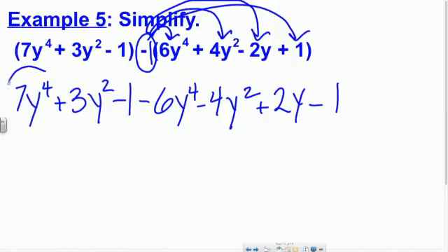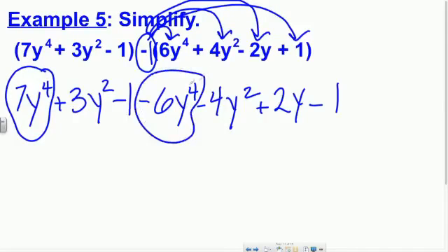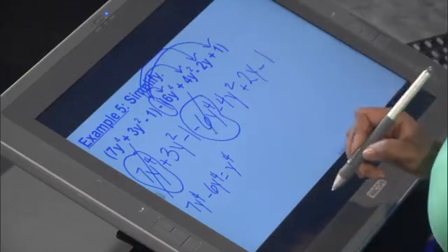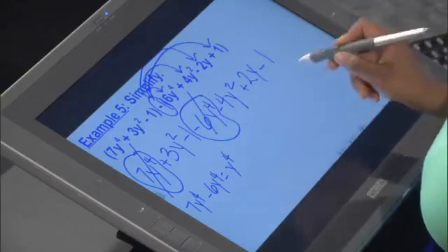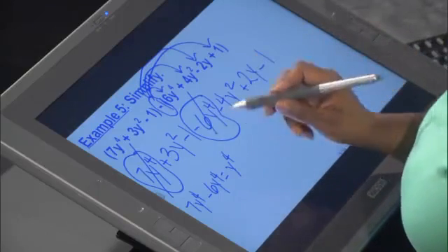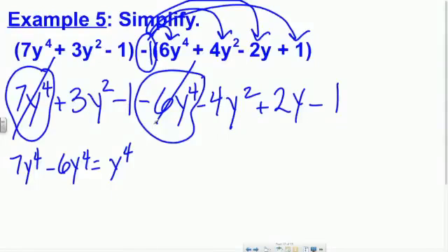I have a 7y to the 4th, and I have a negative 6y to the 4th. So 7y to the 4th minus 6y to the 4th, that is 1y to the 4th. And I don't have to write that 1. So I've handled that. I don't have any y cubed terms, but I do have y squared terms.